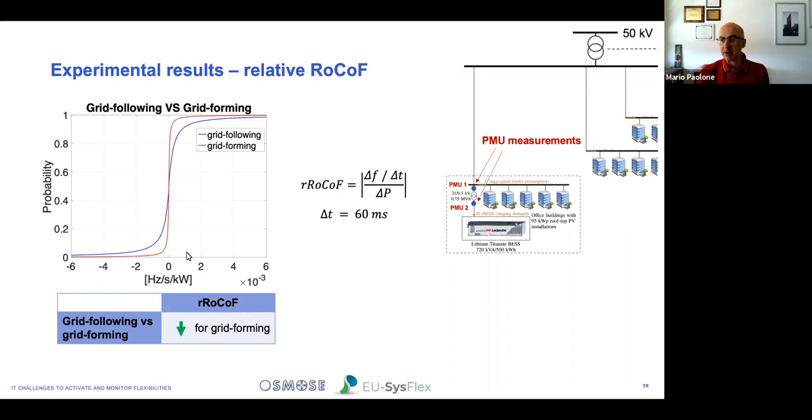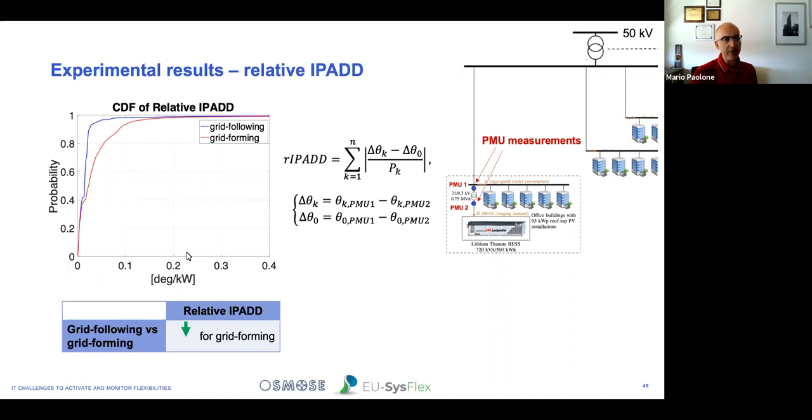Essentially, the impact on the local grid is to decrease the amplitude of the ROCOF, which is eventually what we wanted to achieve with grid forming control units. If you look at the iPad, what you want is exactly the opposite. You want your grid forming control to inject power such that it opens up the phasor angles as much as possible.